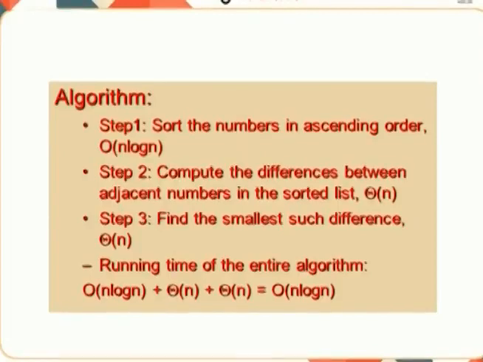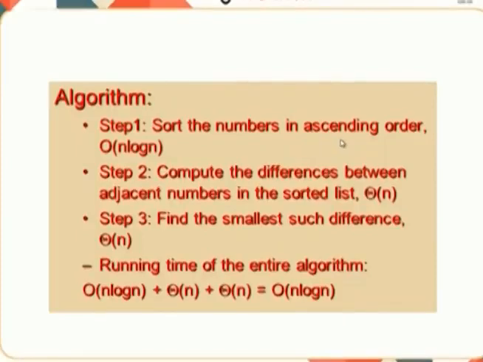So, we do not want to store them in an unordered manner, and another advantage is that if we store them in an ordered manner, then I have to compare only the adjacent points. Because of this particular reason, in step 1 I am going to sort all the numbers in ascending order. For that I have to use an algorithm. Suppose I am using merge sort or something, I will get the complexity as order of n log n.